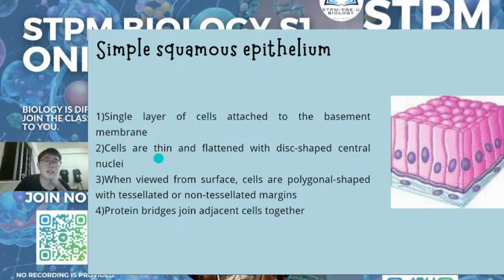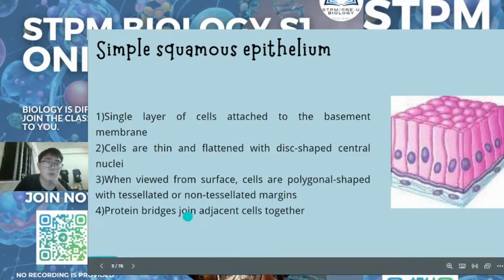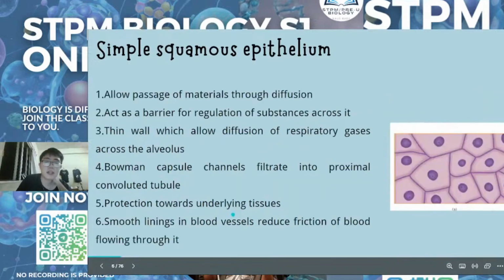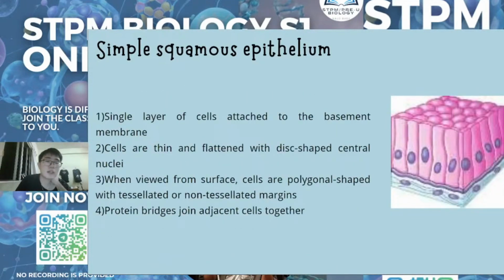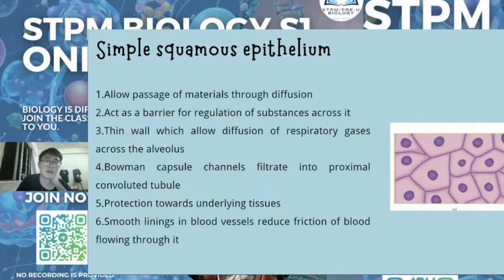Normally the cells are thin and flattened with a centrally located nucleus. When viewed from the surface, cells are polygonal shaped with tessellated or non-tessellated margins, with protein which can join the adjacent cells together. This is just a basic structure, and then this is the function.